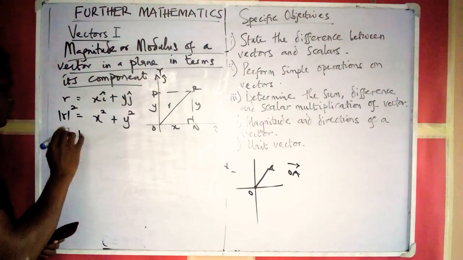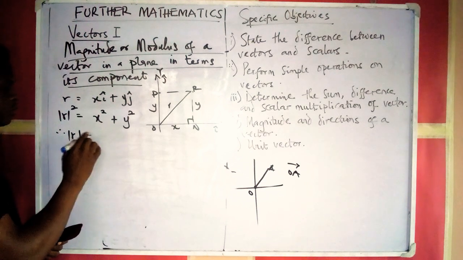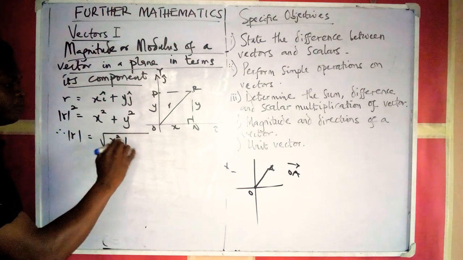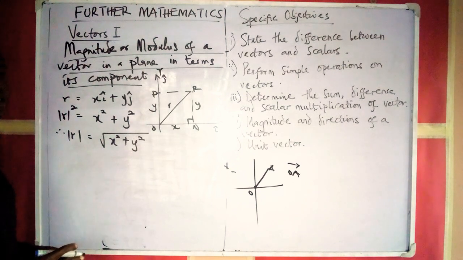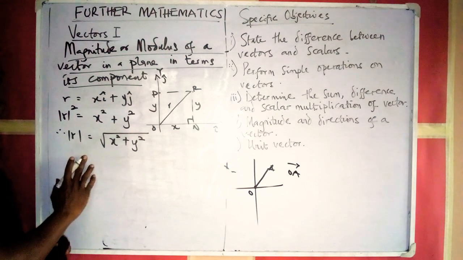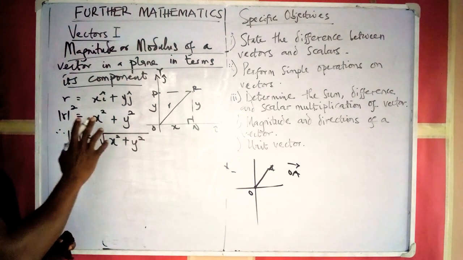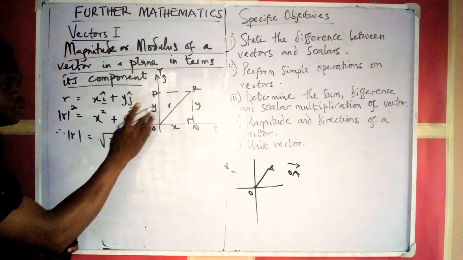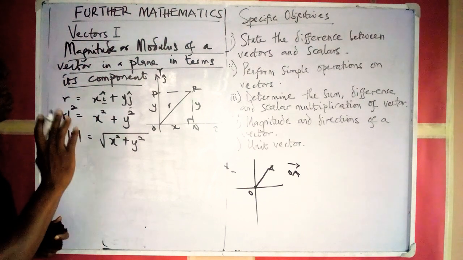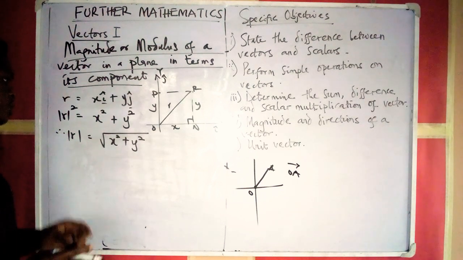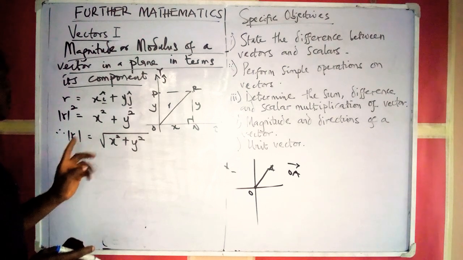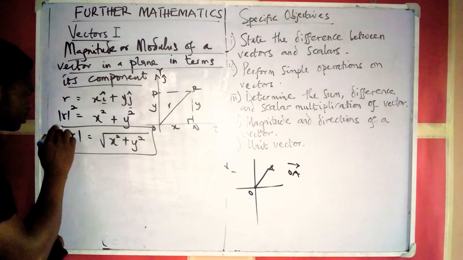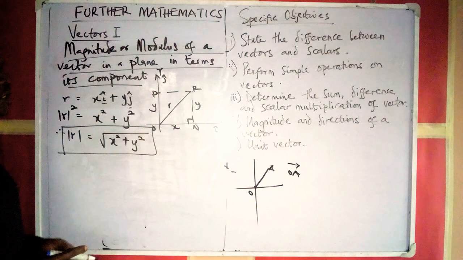Meaning that the magnitude of r alone is equal to the square root of x squared plus y squared. This is actually where it was obtained. So this particular expression here is what we call the magnitude or modulus of a given vector that is represented in a plane, in the sense that it is represented in the i and j direction alone. Before we now talk about three-dimensional vectors, that is it. Now, this is the expression for the magnitude of a vector that is represented in a plane.